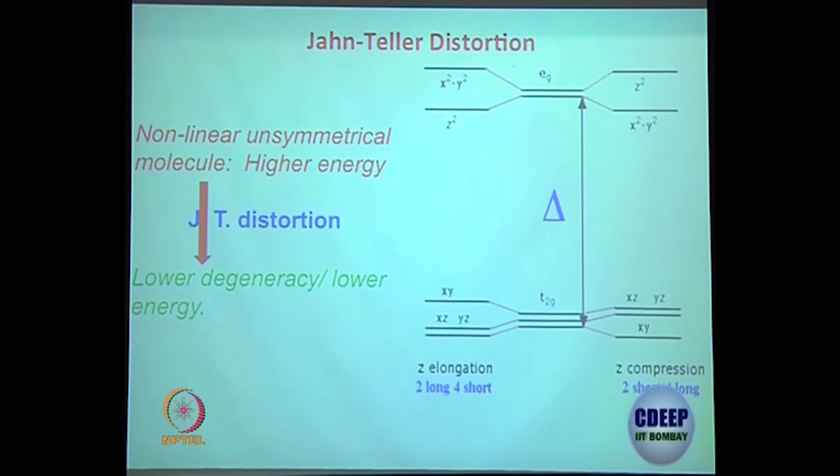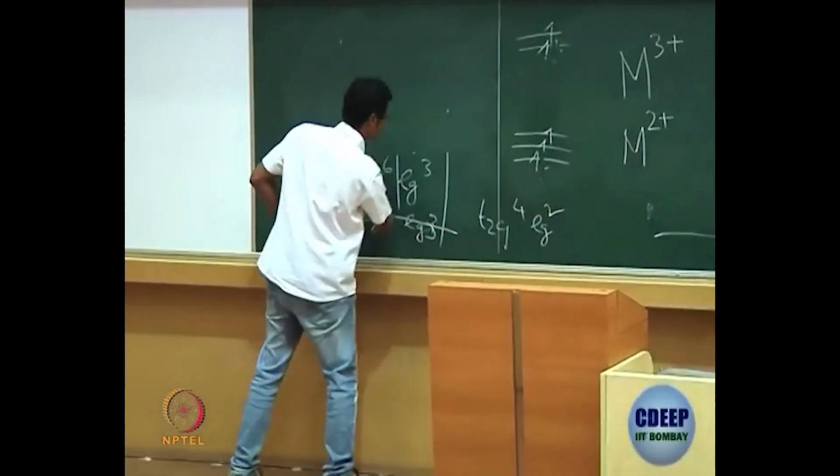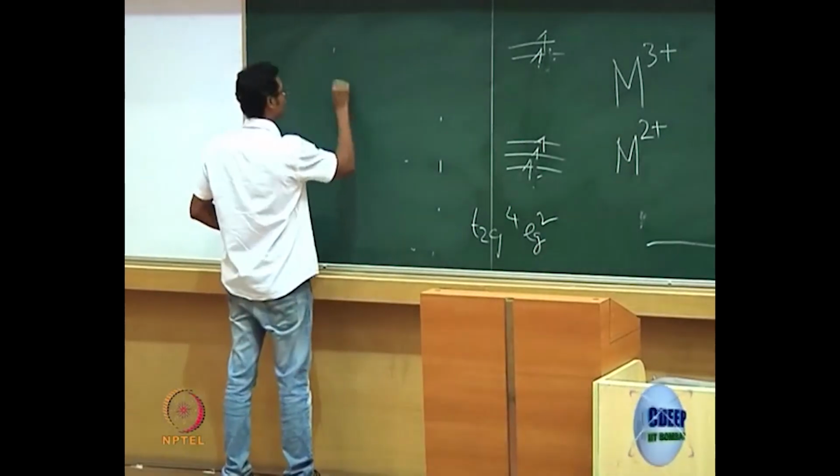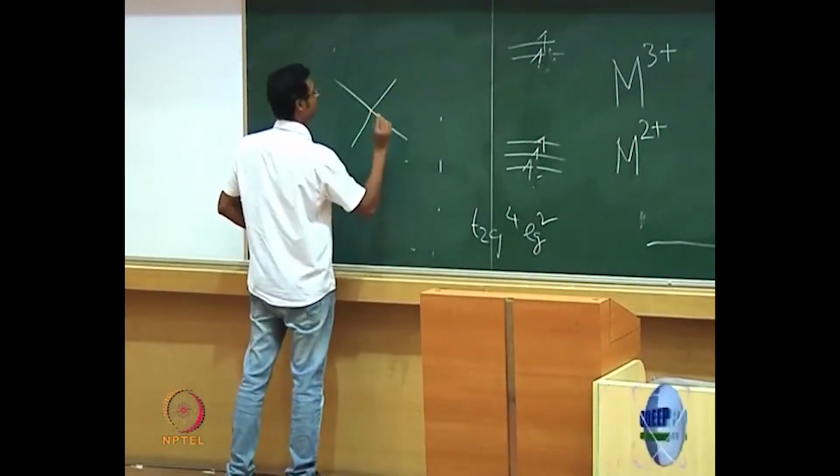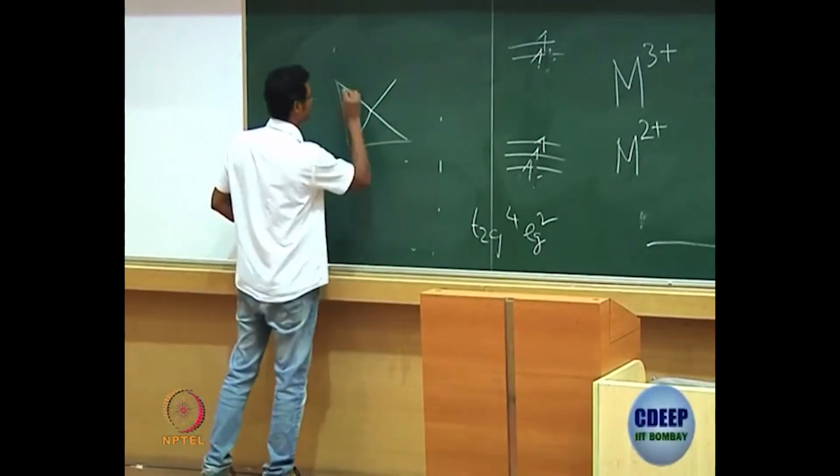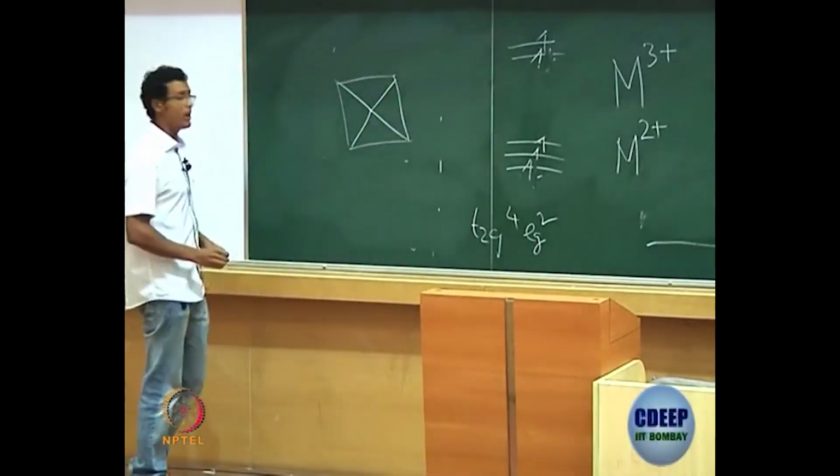When can less repulsion happen? When the ligand is not coming. If z square is stabilizing, that means along that direction the ligands are far. So this will be too long. The left hand scenario is the base octahedral scenario we are drawing.